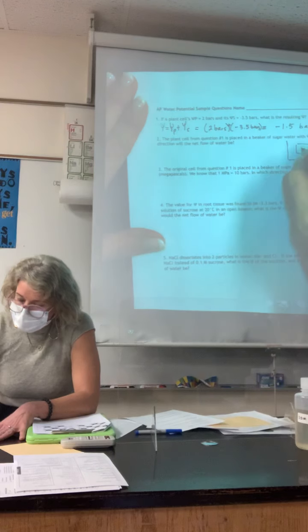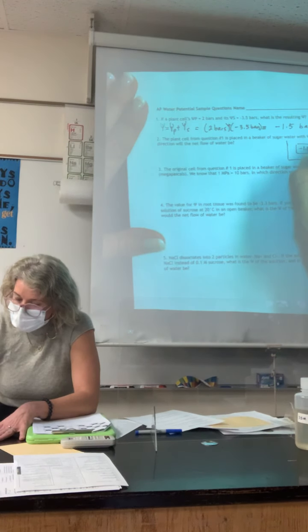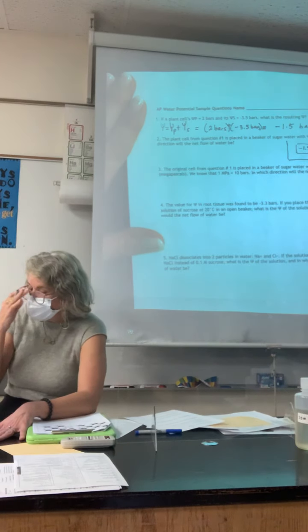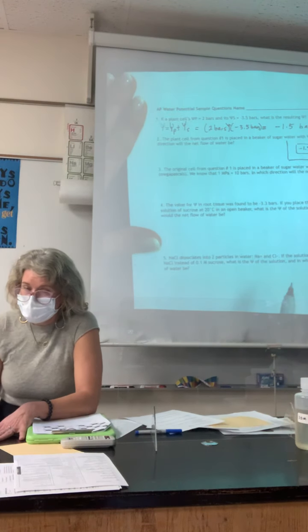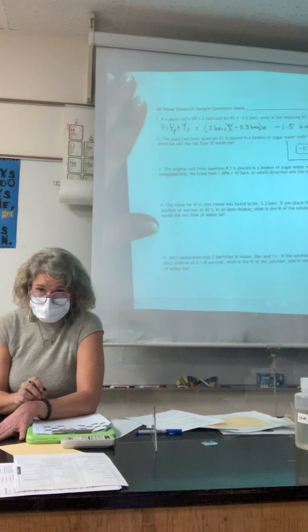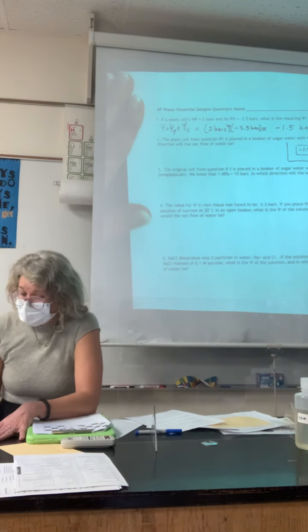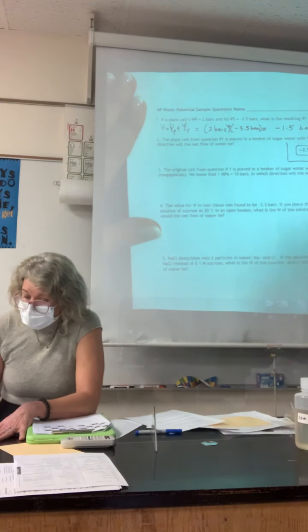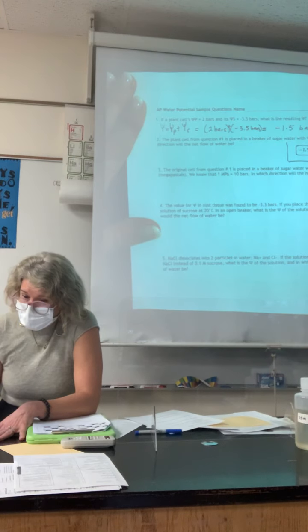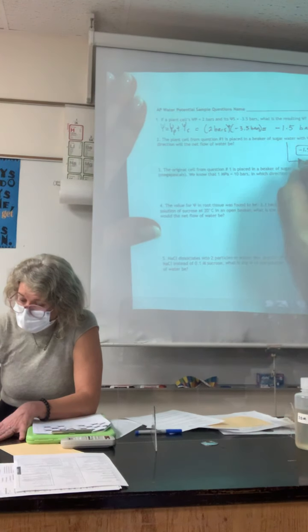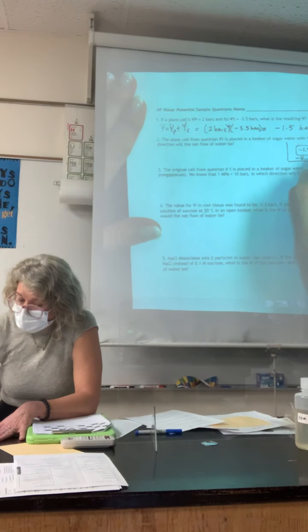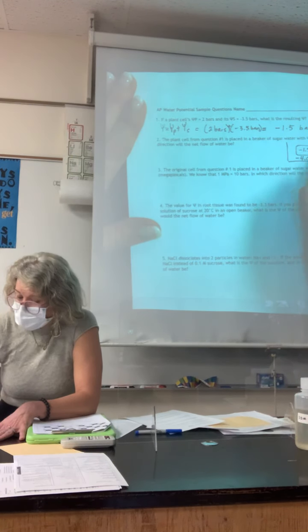Okay, so they tell us that the cell is negative 1.5 bars. So even if you don't write units and you're just sketching it out for yourself so you can visualize in case you're asked other questions, which I'm going to ask you right now. So the cell is negative 1.5 bars, and in this problem, they say that the solution is negative 4 bars, right?